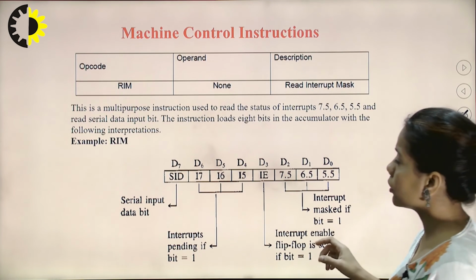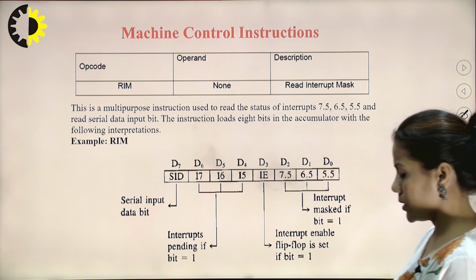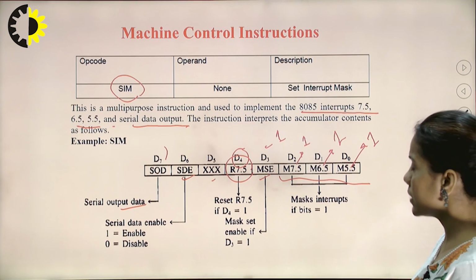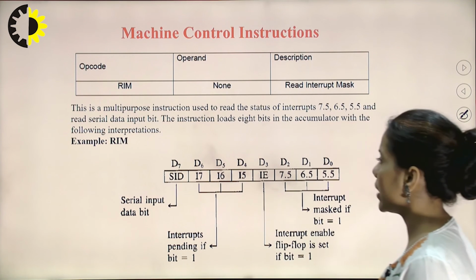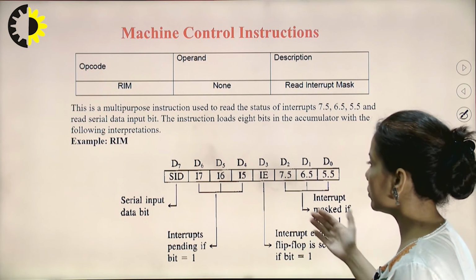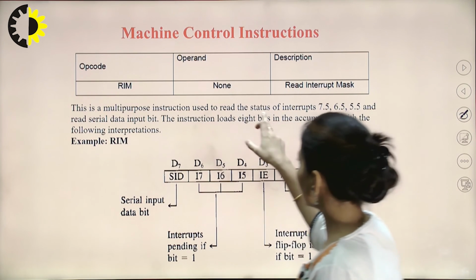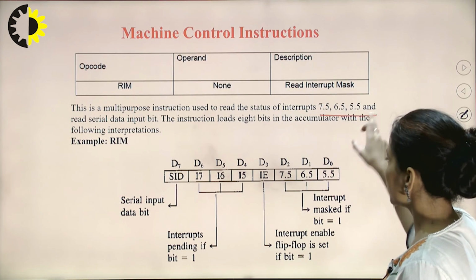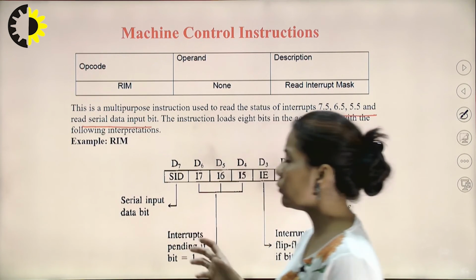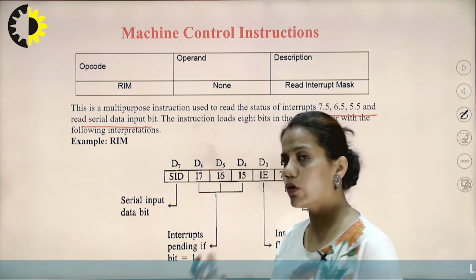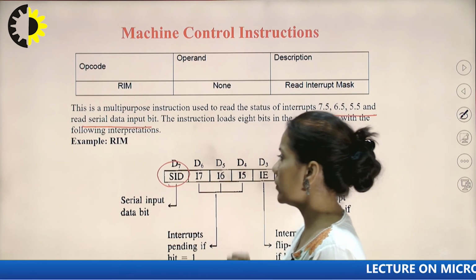And when we talk about the RIM instruction, it is the read interrupt mask. SIM was set interrupt mask and this is read interrupt mask. It will tell you the conditions of the masked interrupts according to this data. So here it is used to tell you the status of all the interrupts and to read the serial data input. Whatever you want to read using the serial line, you read from here.